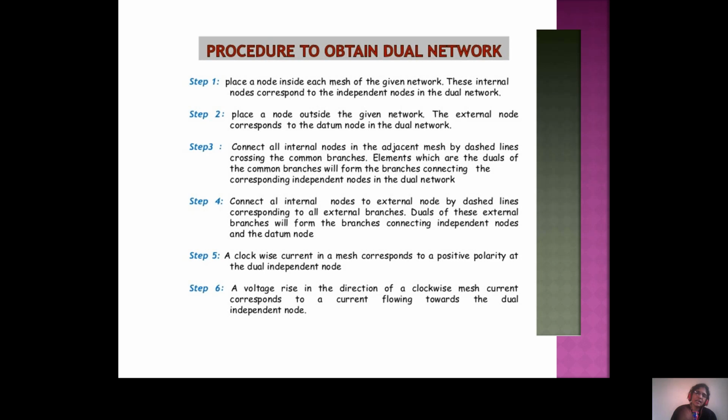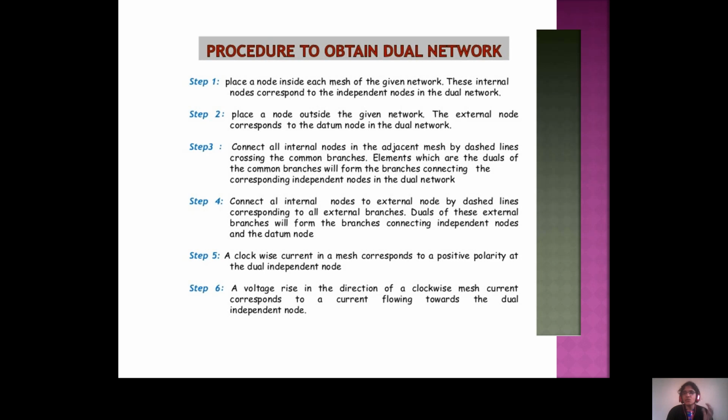The node that relates only to that mesh will be connected to the reference node, and whatever series connections are there will become parallel, and whatever parallel connections are there will become series.